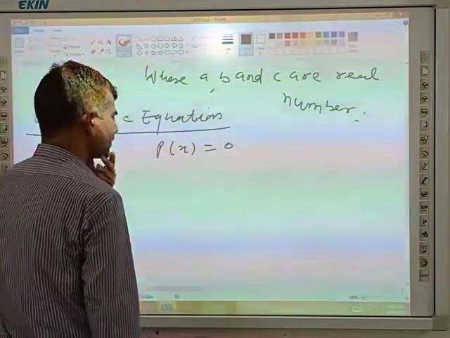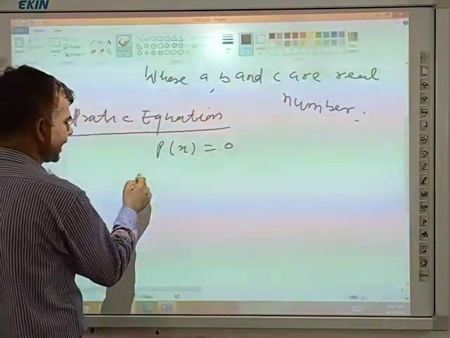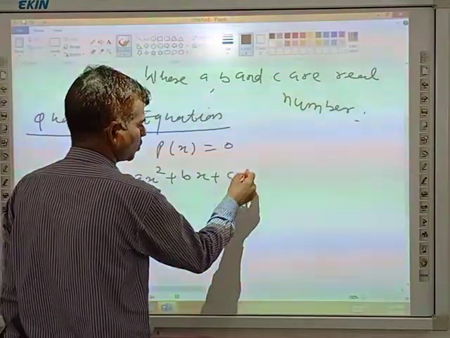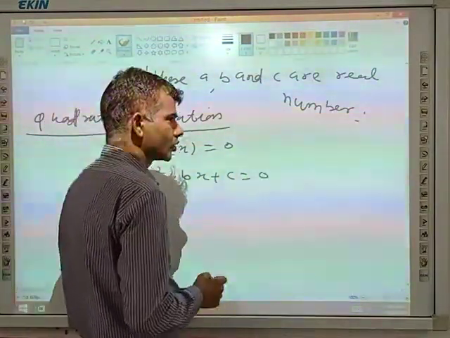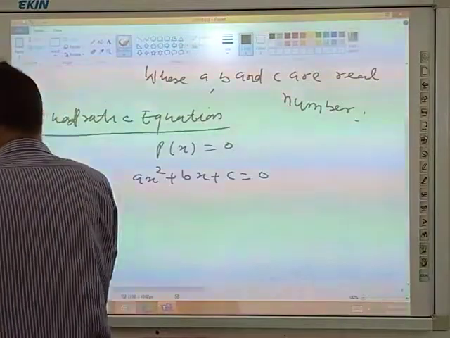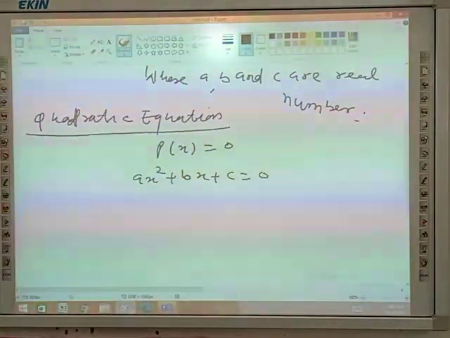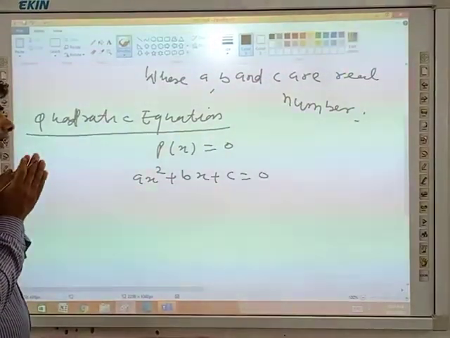P of x we have considered as ax square plus bx plus c equal to 0. If your polynomial ax square plus bx plus c is equal to 0, that is called a quadratic equation.